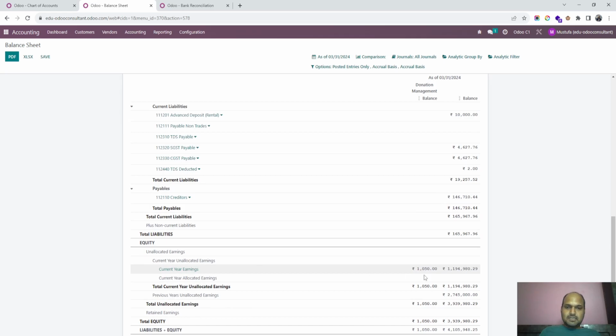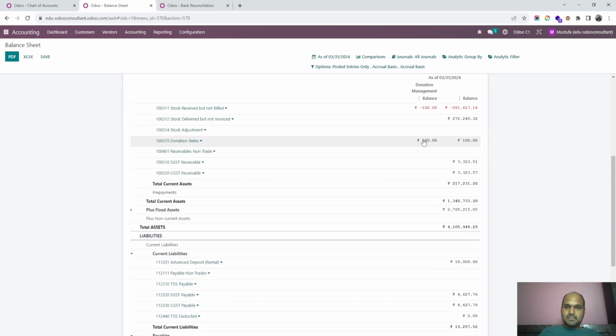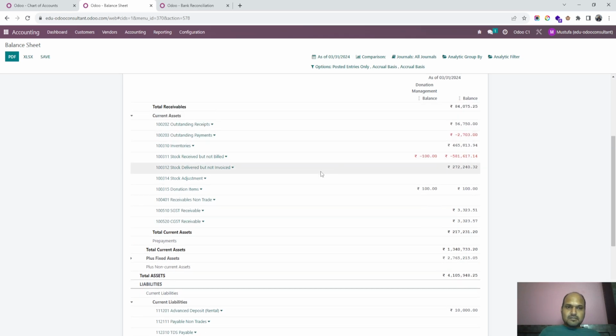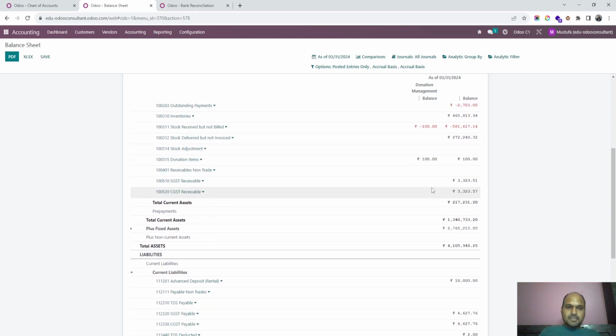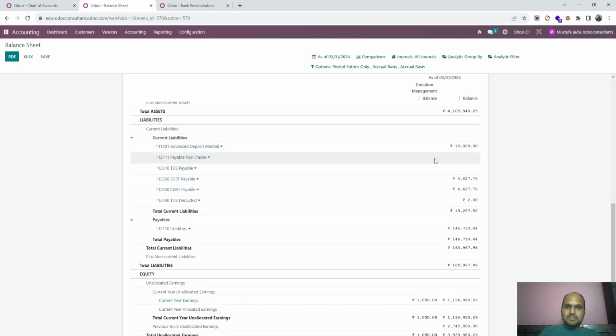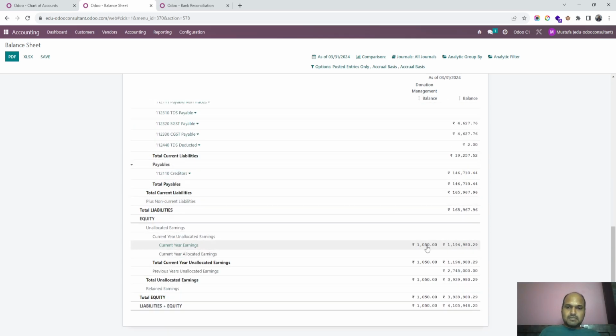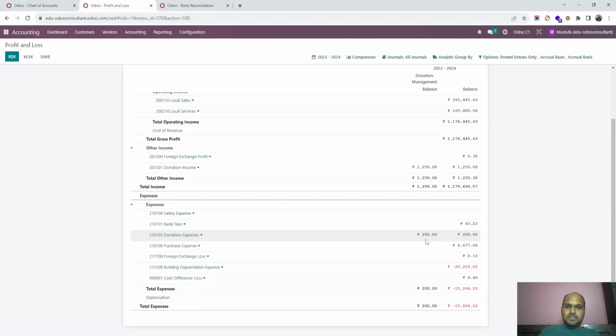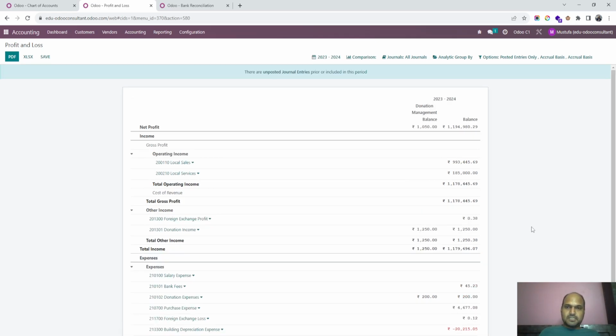Current year earning is 1,050, and that goes to this donation, which is a different account, not my non-trade account. This is how I can see my current year earnings from my P&L: 1250 minus 200 means 1050 goes to my donation.